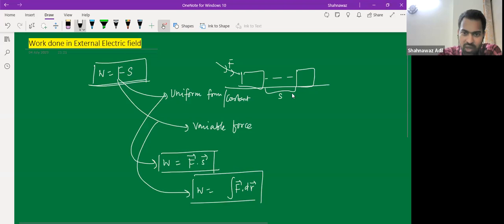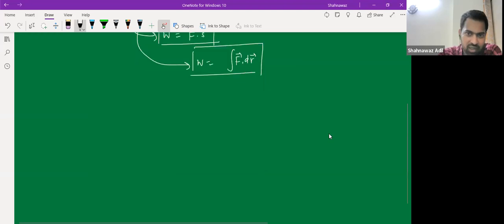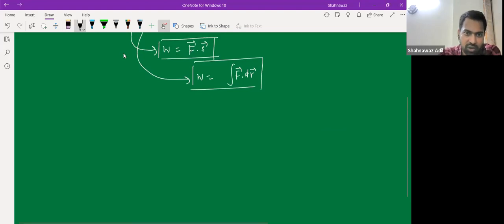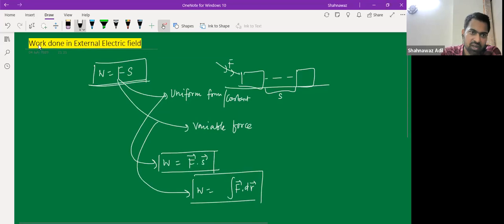Okay, so now we have this force, and in this topic this force is produced by the electric field, so we have work done by electric field.